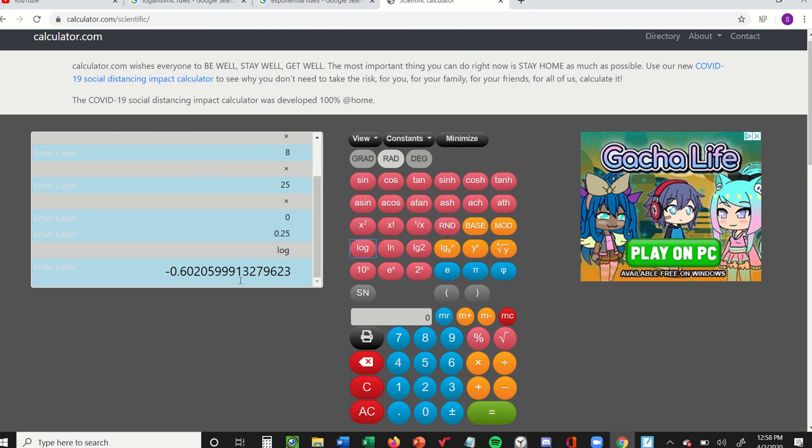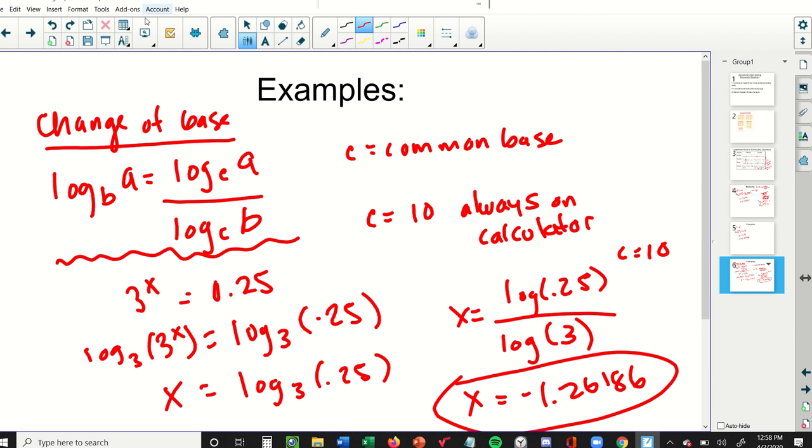So I would write this answer somewhere, and then do the same for the second one, and then find the solution using the change of base formula. And you would only use that if you have some sort of base and some value here that you don't know how you can find, because they're either prime or not easy to find on the calculator. So we can use the change of base formula.